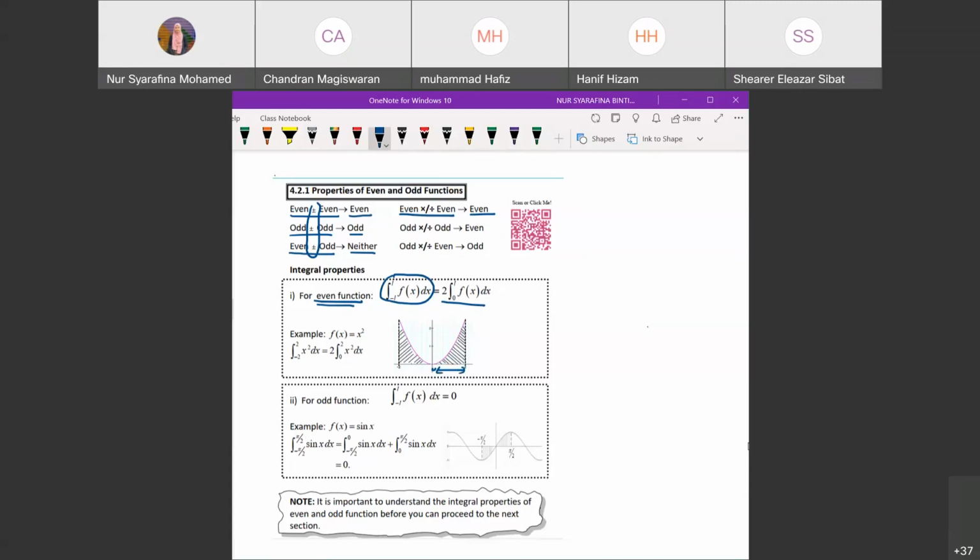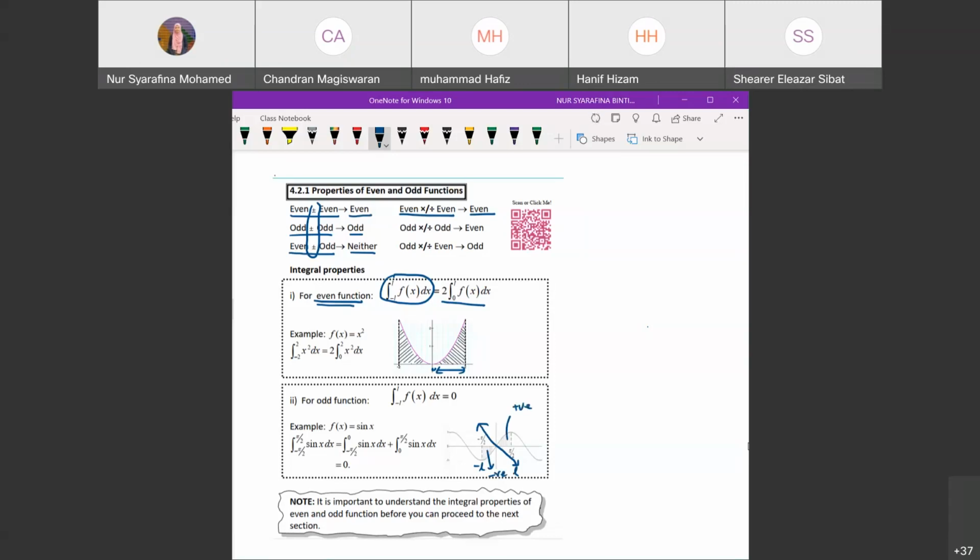Next, for odd. If you integrate from -L to L, because this is symmetric about the origin, this is the reflection line here. When you integrate from -L to L, it equals 0 because the lower part gives you a negative value and the upper part gives you a positive value.